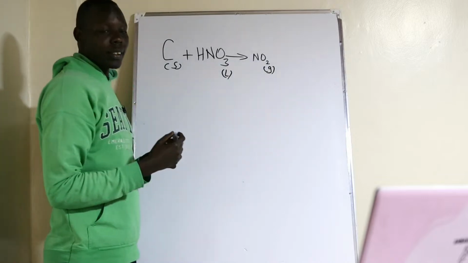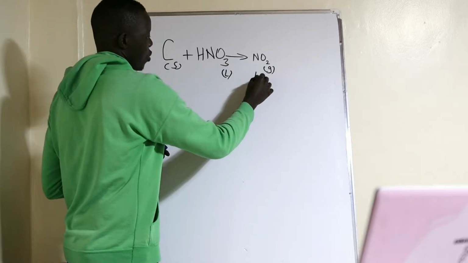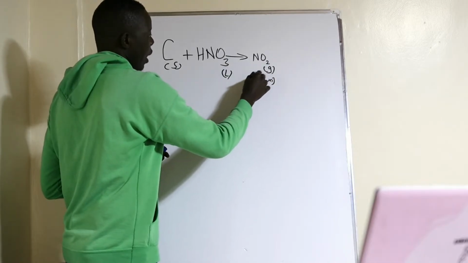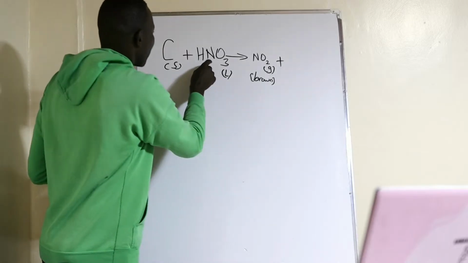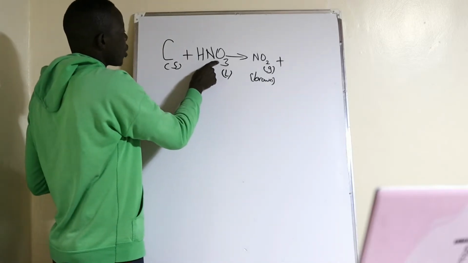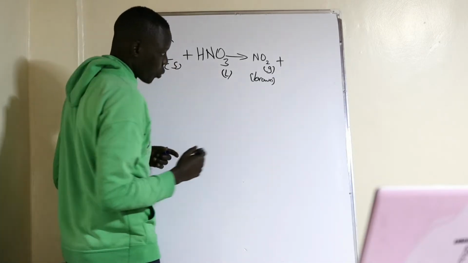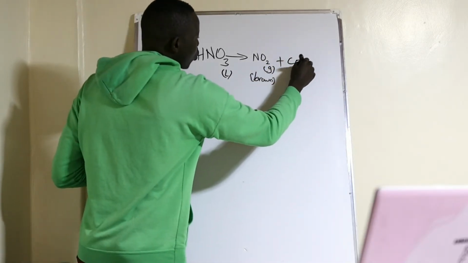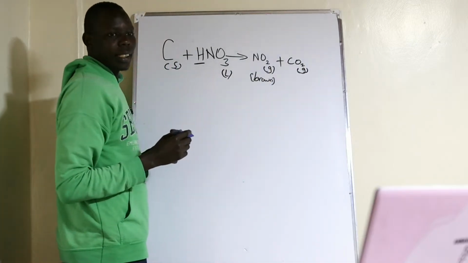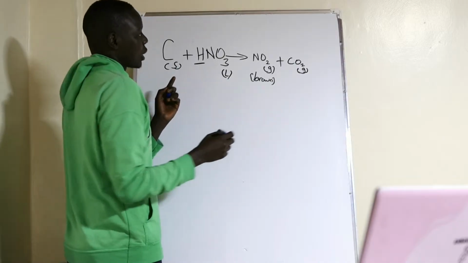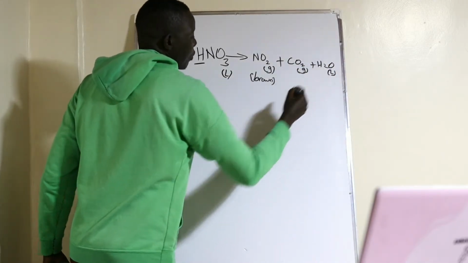NO2 is known as nitrogen 4 oxide gas, and it is brown in color. Since we have NO2 and carbon, what comes to your mind? There is another gas formed, which is CO2. Then we have hydrogen remaining, and oxygen to give us water, liquid.